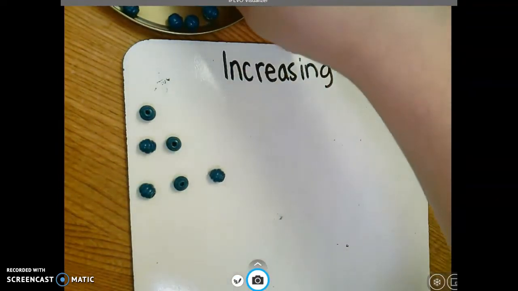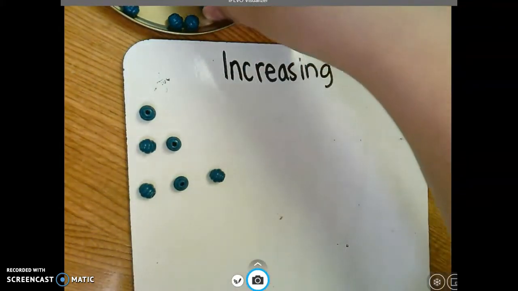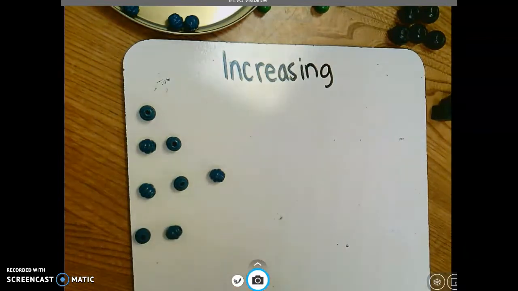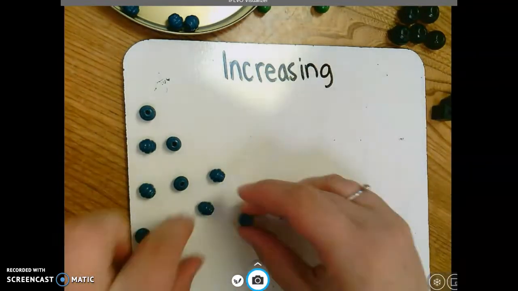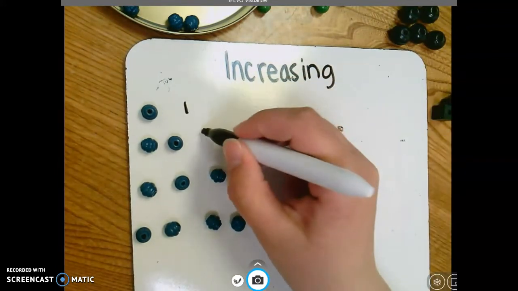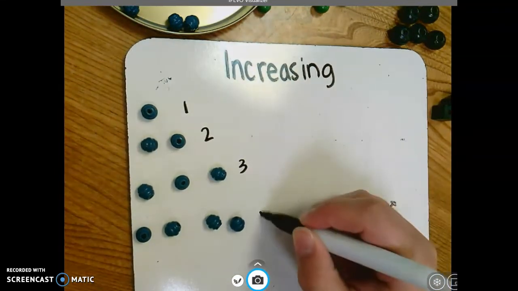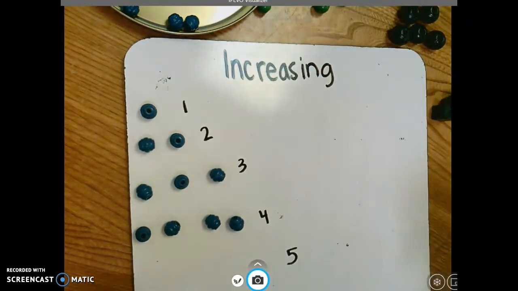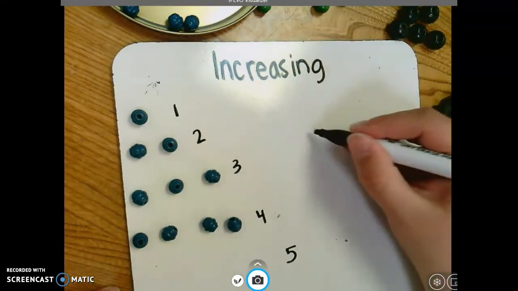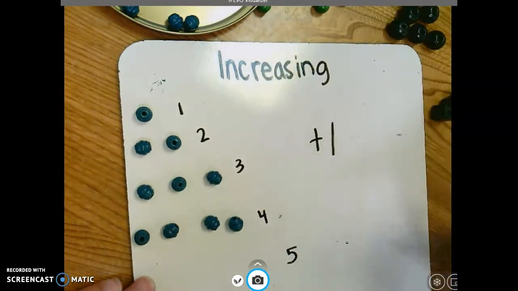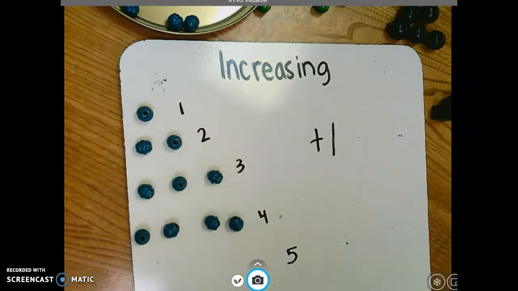And just like in the repeating patterns, it's fairly easy to predict what is going to come next. So next we would have 4. So we would have 1 and then 2, 3, 4. We could probably predict that next would be 5 because our pattern is increasing by 1 every time. So that would be an increasing pattern.